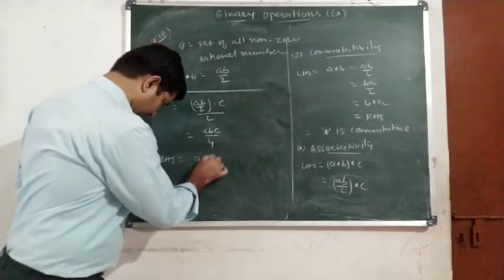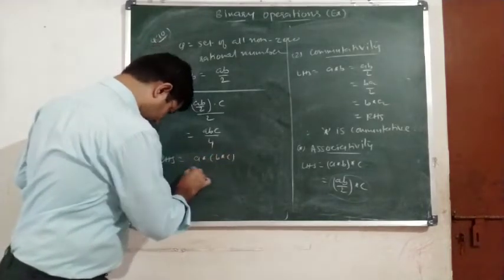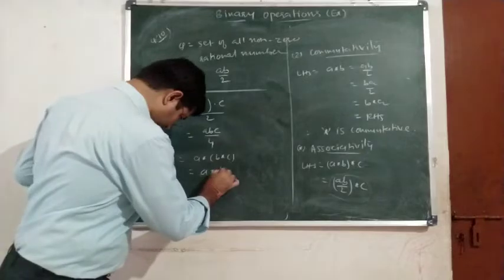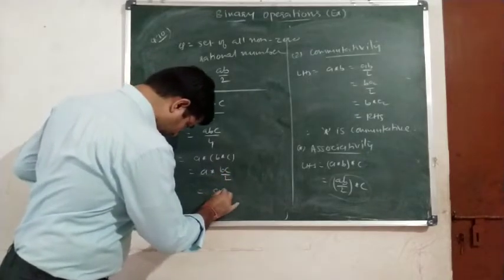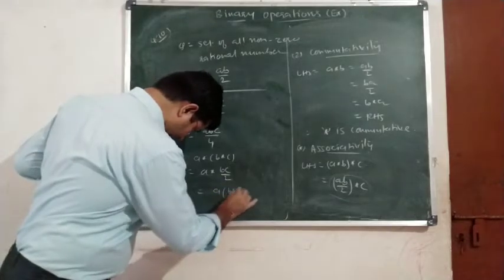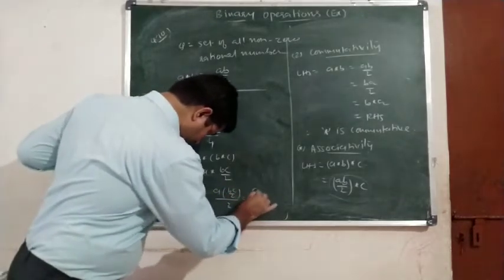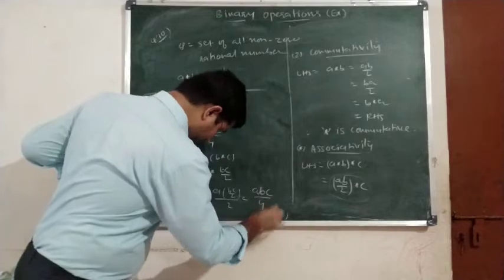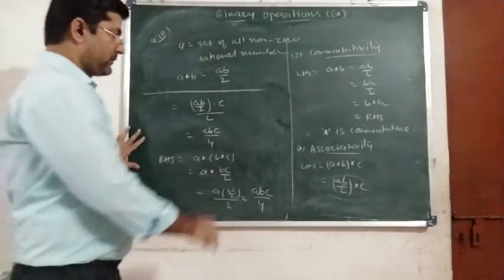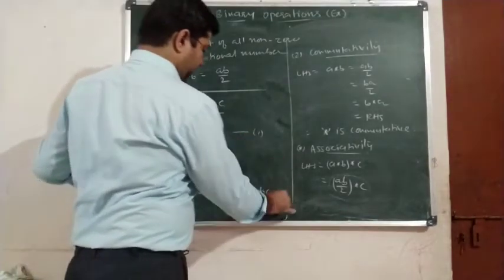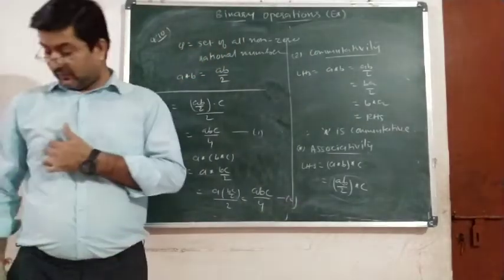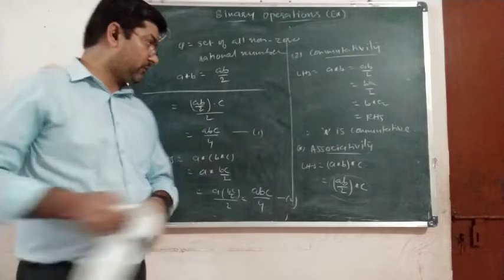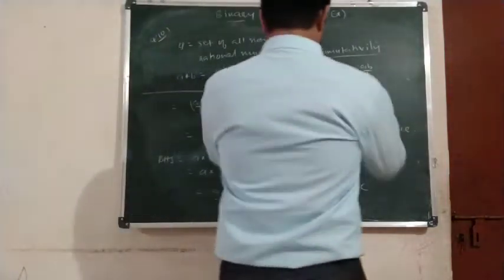A asterisk B asterisk C is equal to A asterisk BC by 2 is equal to A into BC by 2 by 2 is equal to ABC by 4, and therefore from these two results we can say that LHS is equal to RHS, and therefore associativity holds.